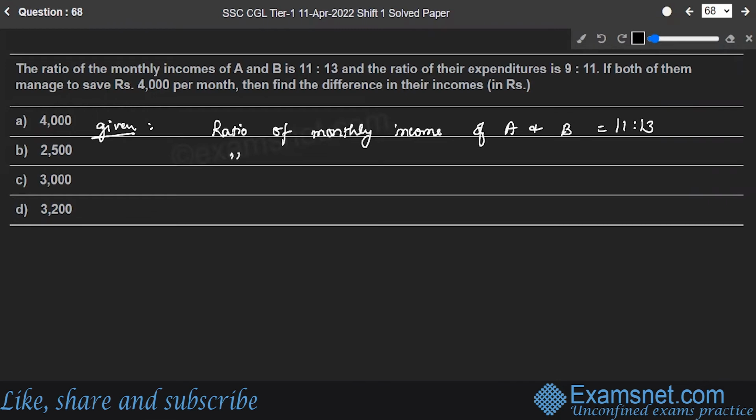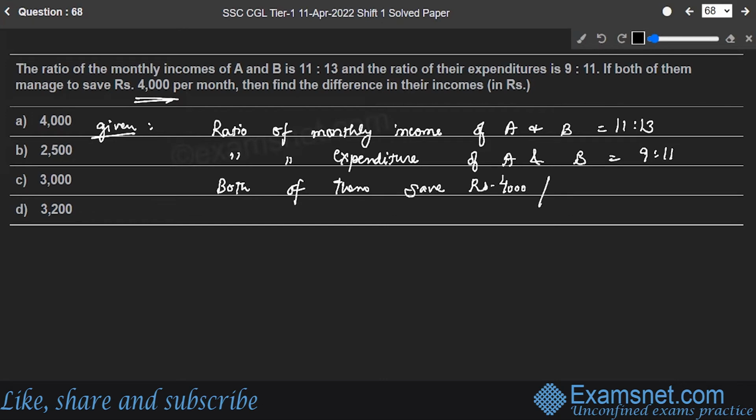Also, ratio of their expenditures of A and B is equal to 9 is to 11. Now, both of them save rupees 4,000 per month.